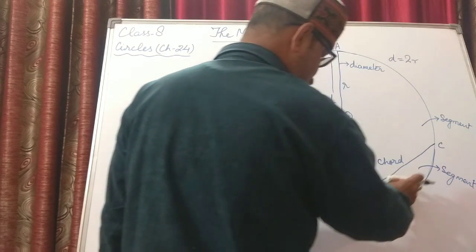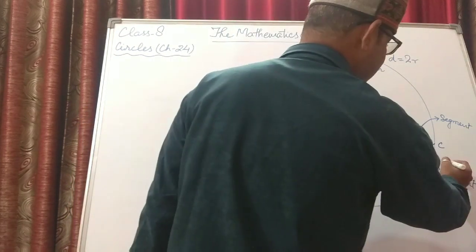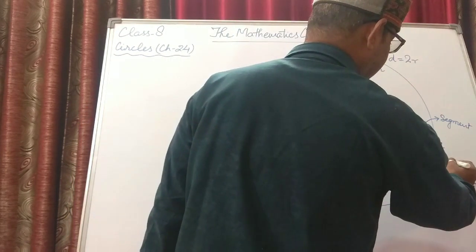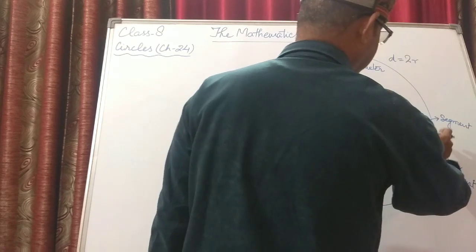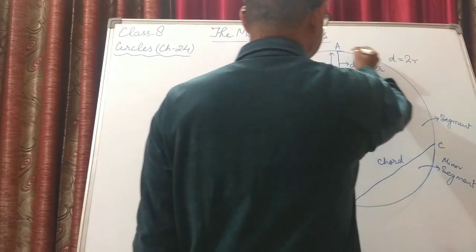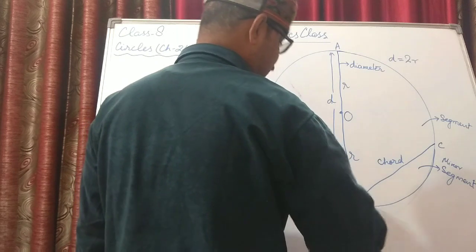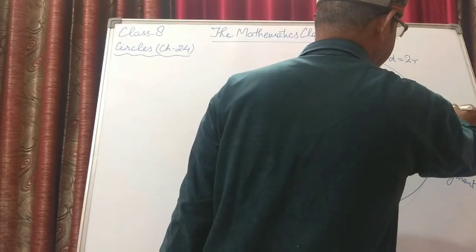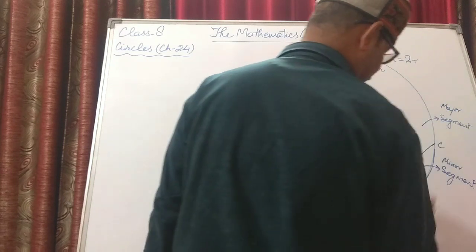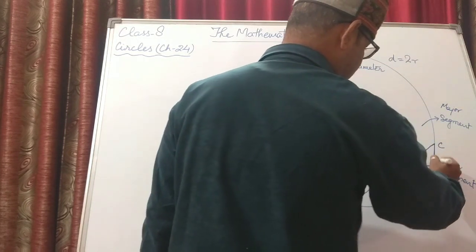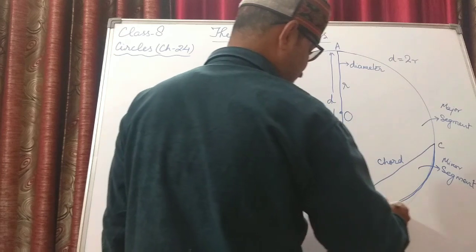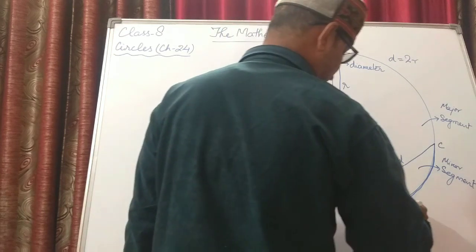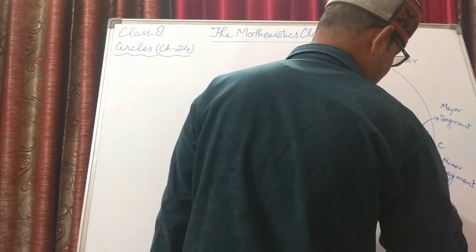Now this is a smaller segment, so it is known as minor segment, and this total from C to A to B is a bigger part, so it is known as major segment. This continuous piece of the circle from C to B is known as arc.